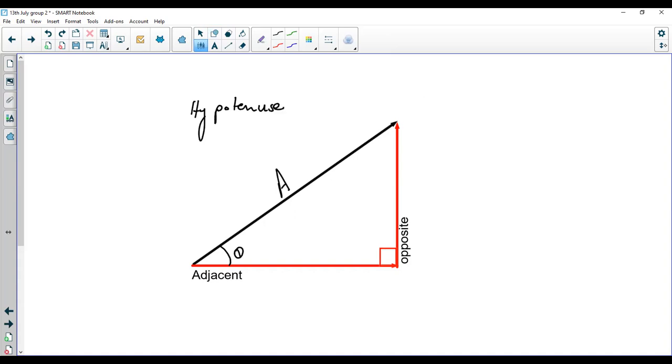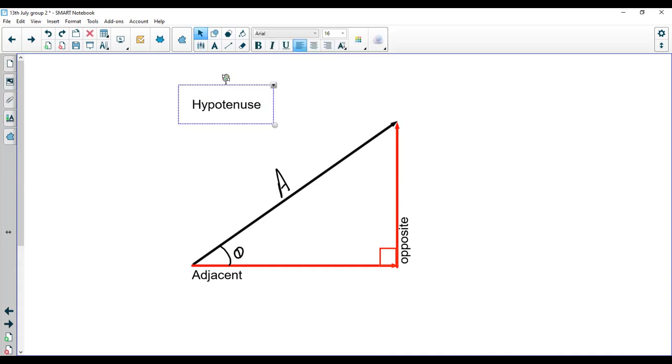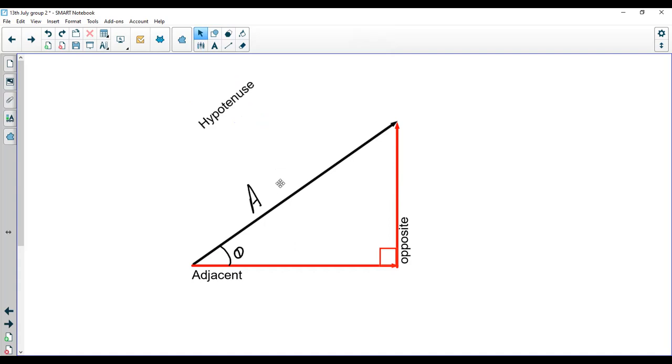Is that right? So in terms of A and theta, can you let me know how much is the magnitude of the adjacent side?